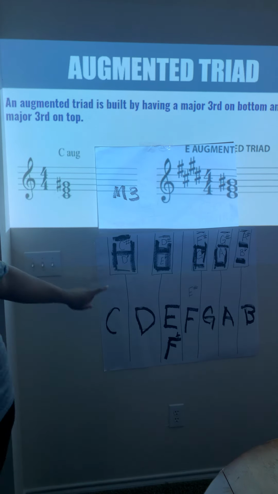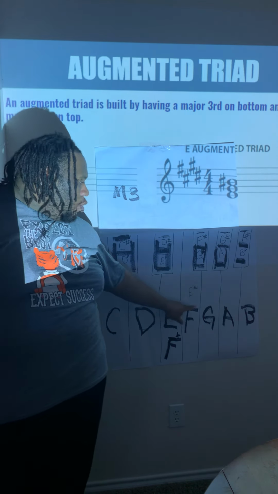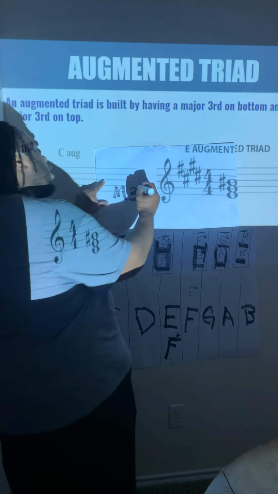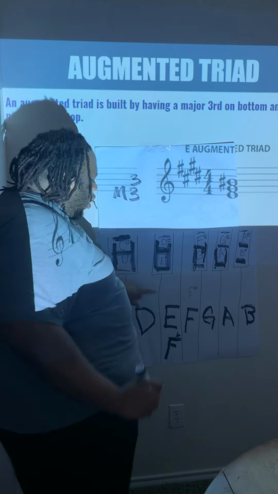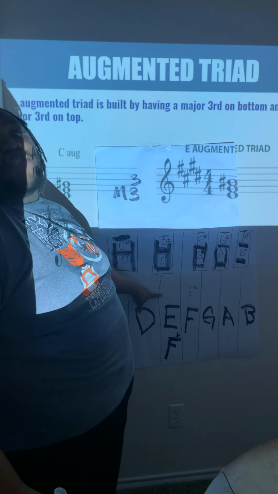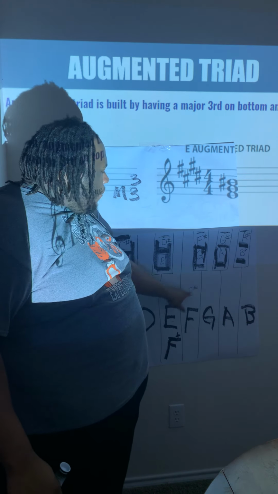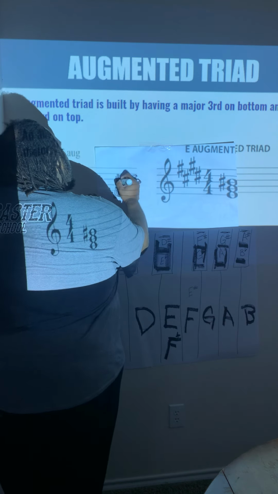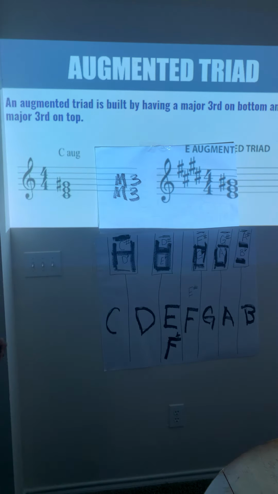E to G sharp. Let's count that one. 1, 2, 3. It's still 3 letters in between, so it's some type of third. Now start on E and count the half steps up to G sharp. 1, 2, 3, 4. It's 4, major third. How do I know what type of augmented triad this is? What is this bottom letter?